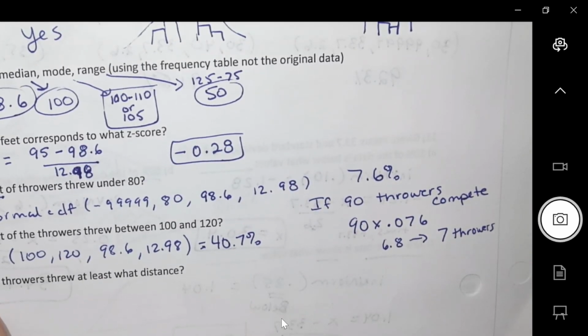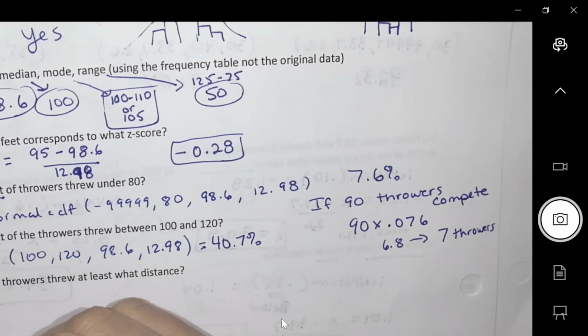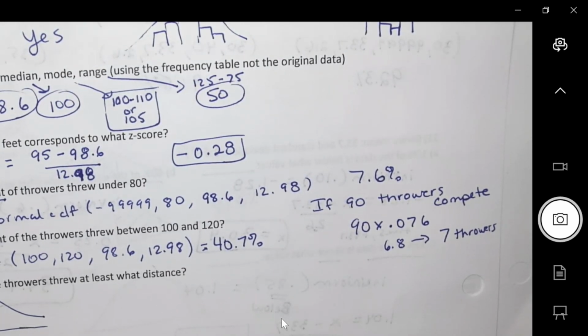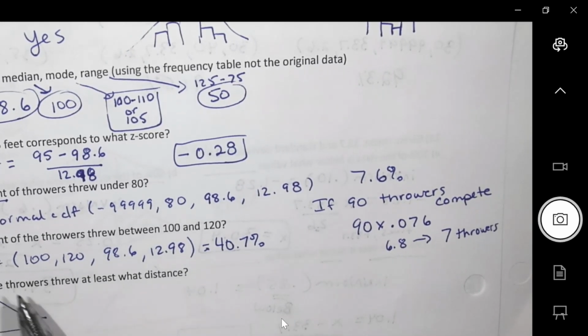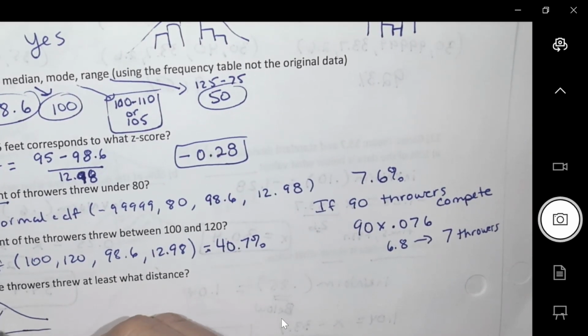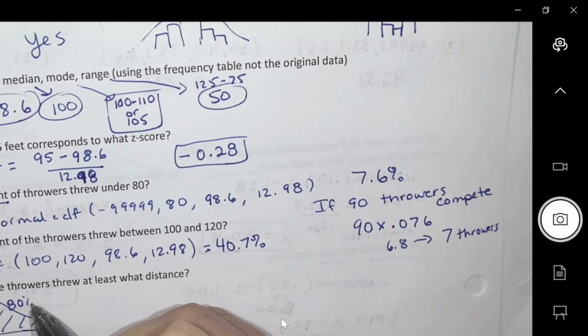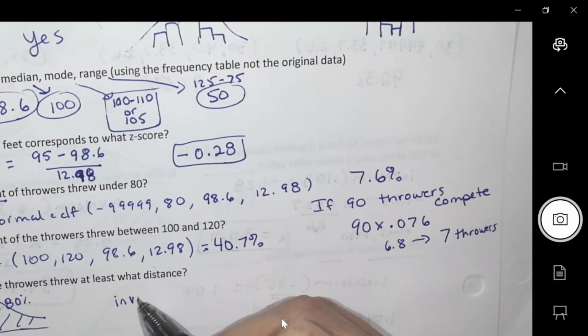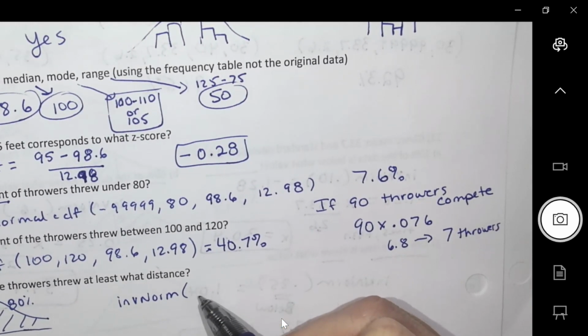The last question, 80% of the throwers threw at least what distance? So where am I? Am I down here or at the top? If 80% of the throwers threw at least, that's what I would be looking at. 80% threw at least what? So I'm going to inverse norm what?